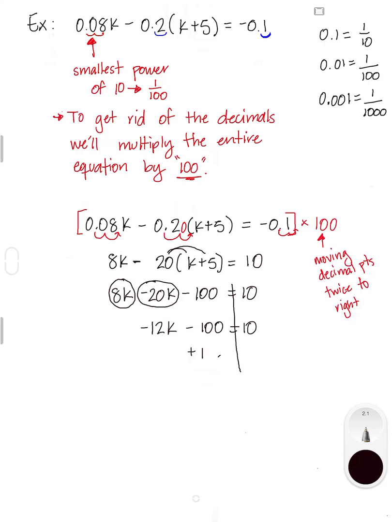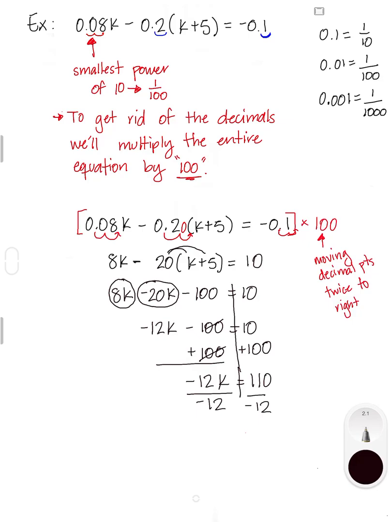I'm going to go ahead and add 100, so it cancels on the left side. I end up with -12k equals 110. And then we divide by -12 on both sides.